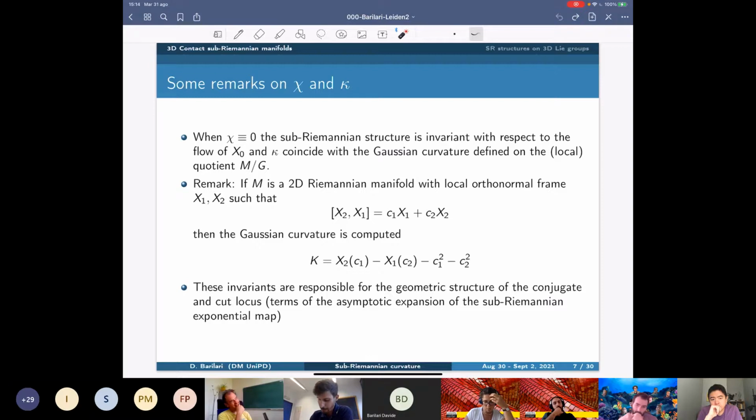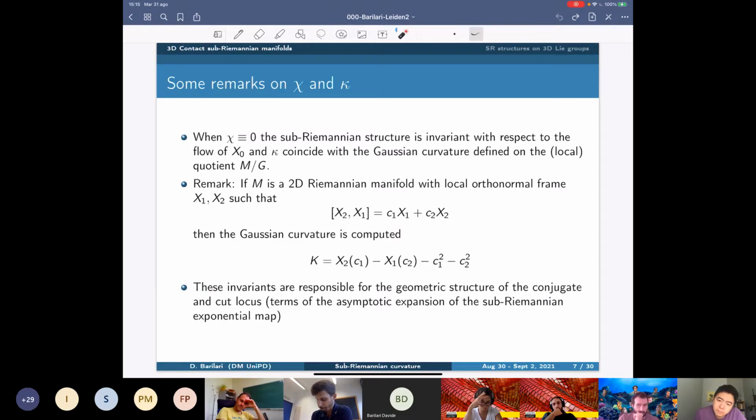this Riemannian surface. And it is interesting to see the formula one can have for the Gaussian curvature of a two-dimensional Riemannian manifold with a local orthonormal frame satisfying this relation here with the Lie bracket. So if you have a Riemannian manifold, then if you know the Lie bracket of the orthonormal frame, you can characterize the Gaussian curvature through this coefficient.